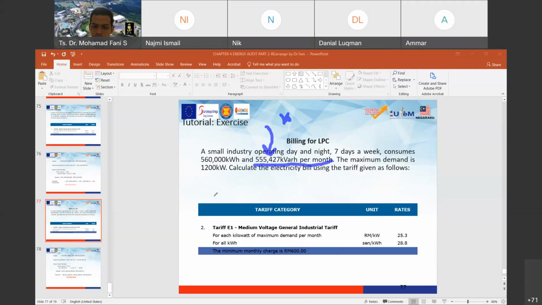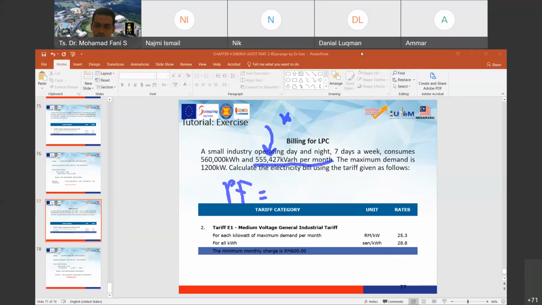Please consider calculating to verify their power factor, because the other components of the electricity charge that I did mention include power factor, CLC, for example, the other charge, ICPT rebate, etc. So if the question gives the information about the kVAR, please make sure you get the value for the current power factor, otherwise you cannot get the full marks for your answer. So please consider power factor.